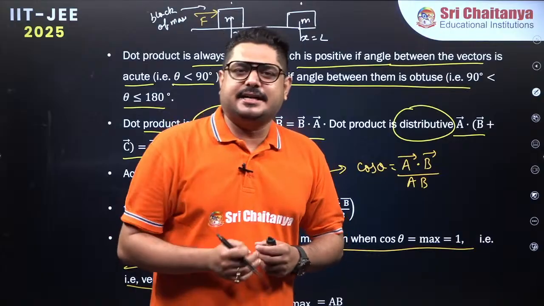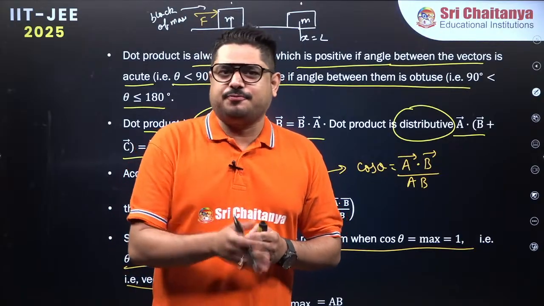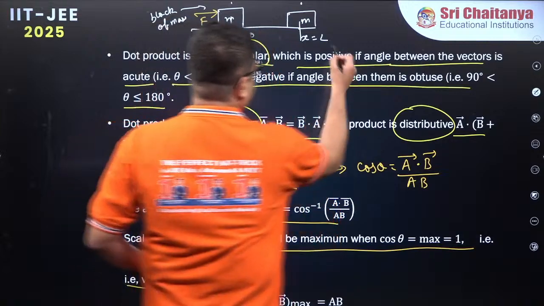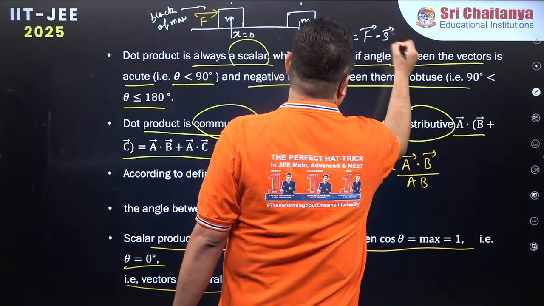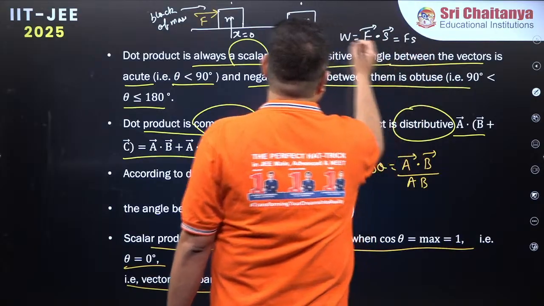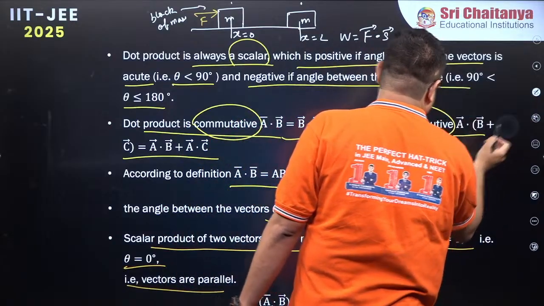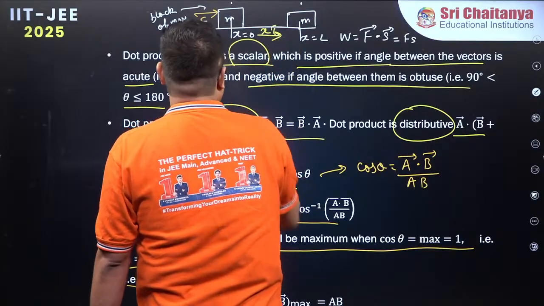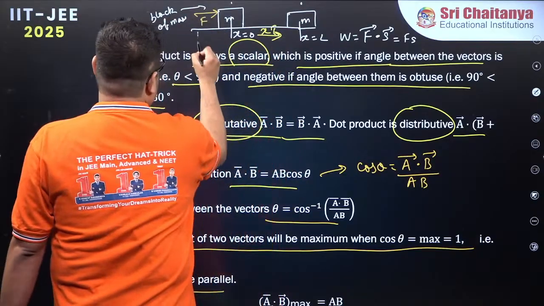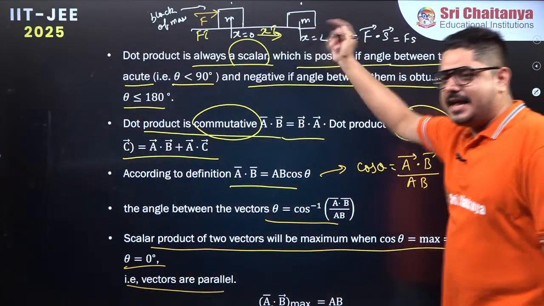So how do we calculate the work done? Work done is the dot product of force and displacement. So in this case, work done is F dot S. You can see that the force vector is along the positive direction of the x-axis, and the displacement vector is also along the positive direction of the x-axis. So the force vector is F i cap, and the displacement vector is x i cap.